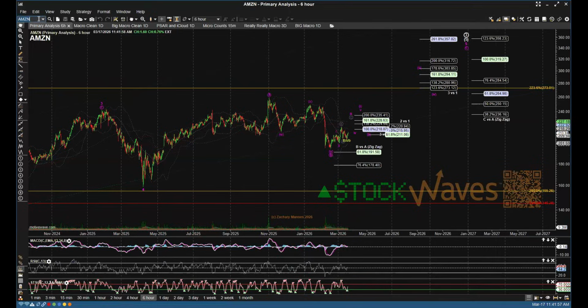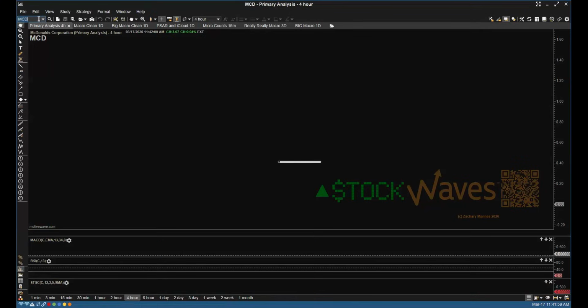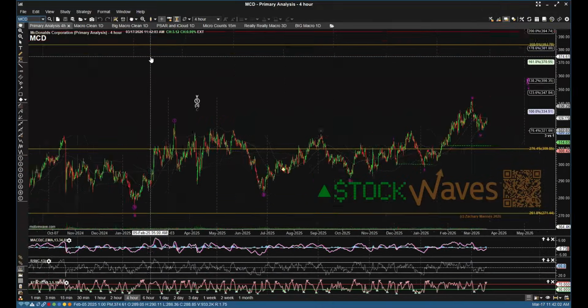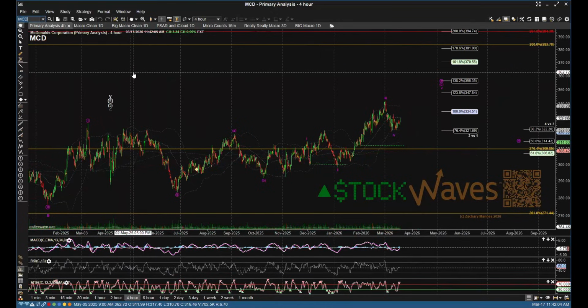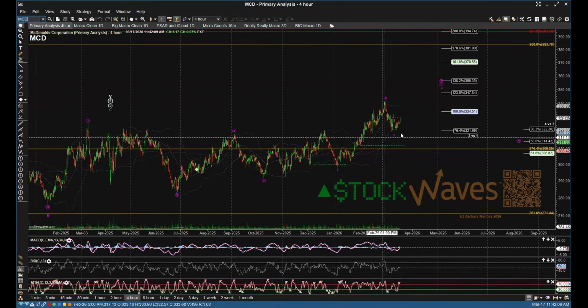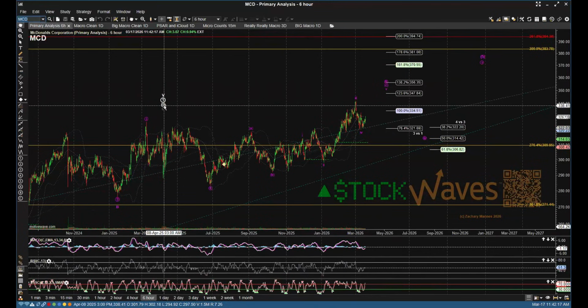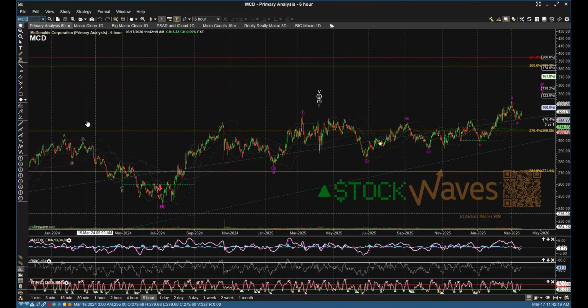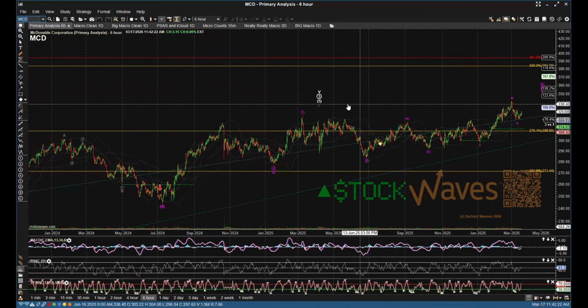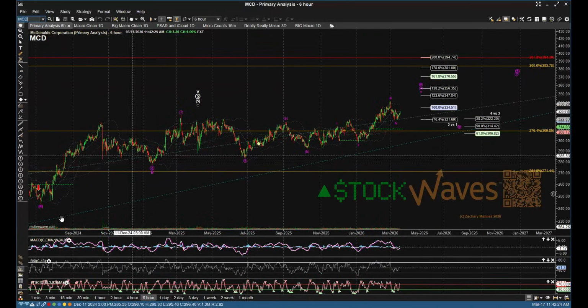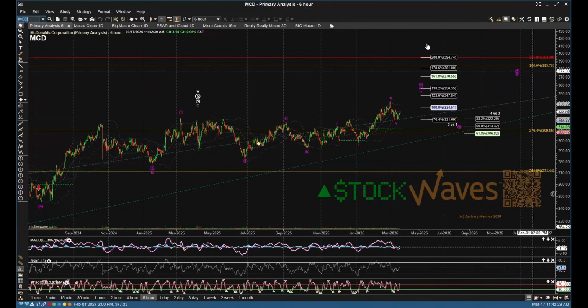Another one that I like a lot, that I think actually kind of bridges that gap between discretionary and the staples, is MCD. We're filling out a nice extended ending diagonal here for this parentheses wave 5, where instead of this being a much quicker ABC up for all of that 5th wave, we're getting a much more extended A, B, and then diagonal for the C wave to complete the C wave of that diagonal as well.